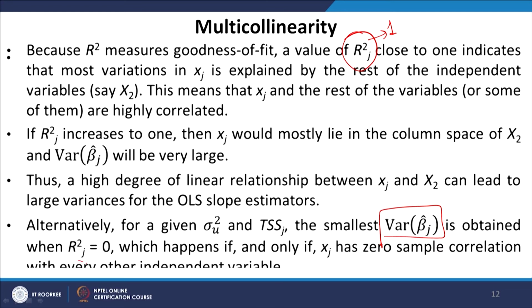Alternatively, when R j square is close to 0, this implies that very little of x j is explained by the other independent variables. X j has 0 sample correlation with other independent variables, and as a result we may think that there is little multicollinearity among the independent variables, or at least between x j and the rest of the independent variables.